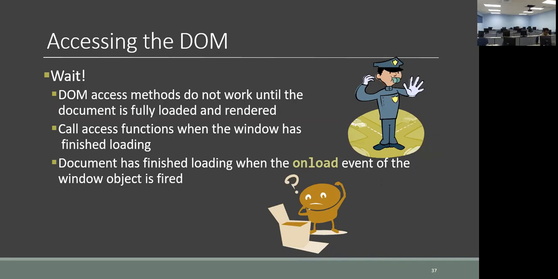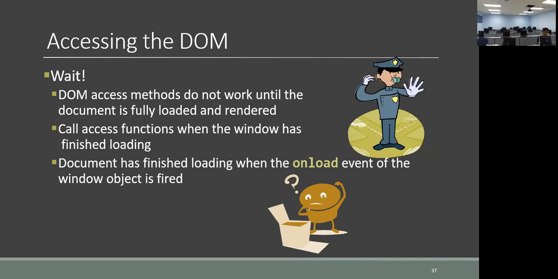The onload event is an event that can be triggered on the body of the document. So on the body tag, you can have an onload event, and in that onload event you can put JavaScript functions that will start manipulating the HTML page once it is fully loaded.